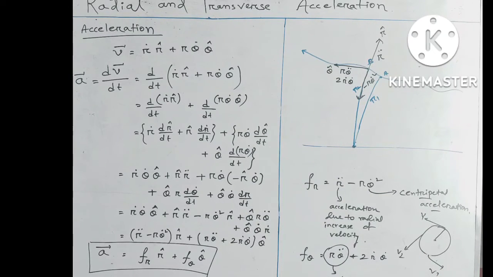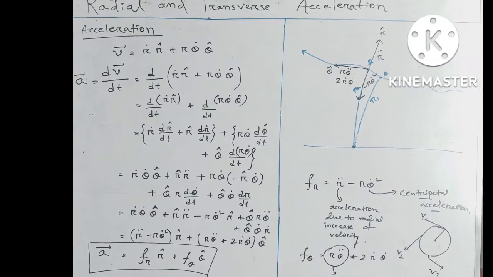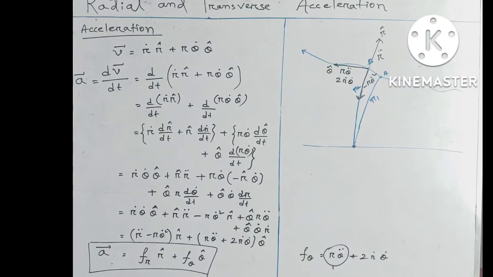Now here is the term 2r dot theta dot. What does this term mean? We have to understand what 2r dot theta dot is. So here 2r dot theta dot is the Coriolis acceleration.